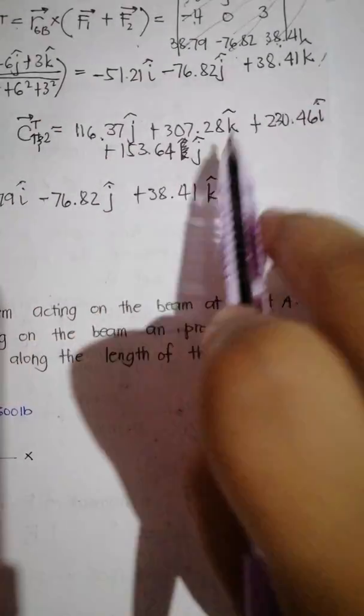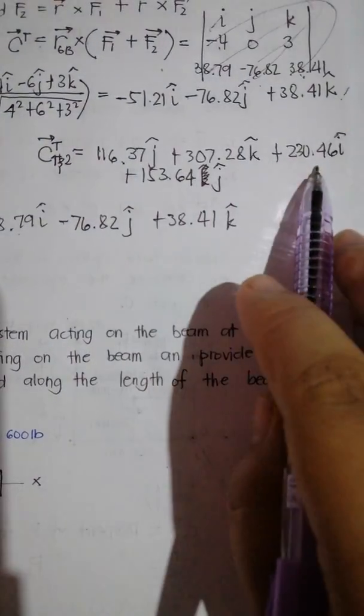Ayan. So, i-add lang natin lahat ng I hat, J hat, at K hat. So, yung couple of transfer, dito lang natin isusulat. Couple of transfer ng force 1 at force 2 ay, for I hat, we only have 230.46.